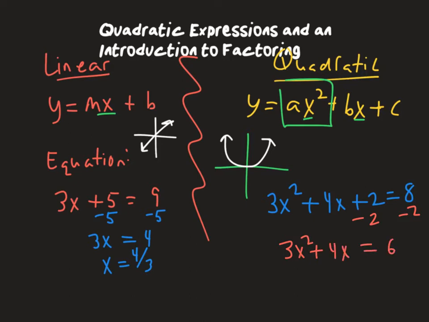And then the problem is there's more than one x. You have the 4x here, but then you also have a 3x squared. So you really can't get them both by themselves. So there are other methods that need to be involved here. Factoring is one of the big ones in order to solve equations, and it'll help us with some other things later when we try to simplify other expressions.